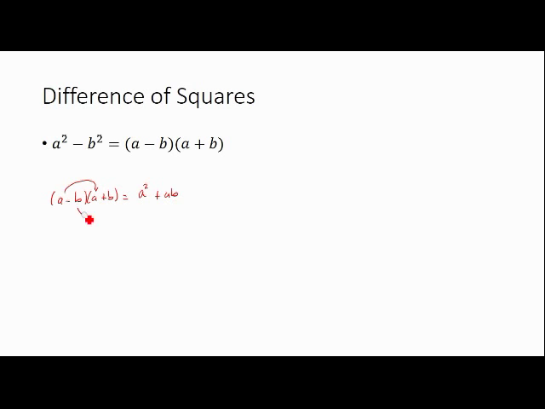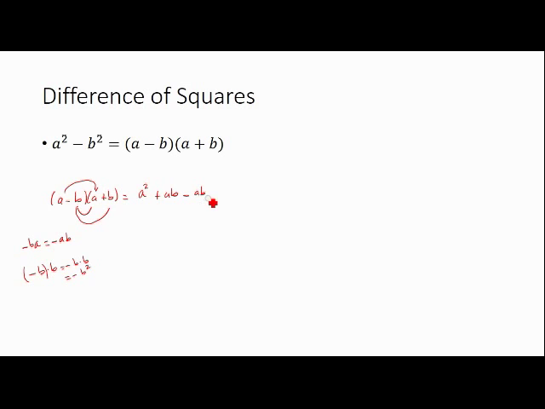Now we're going to multiply negative b times a, but we notice that negative b times a is the same thing as negative ab, because multiplication is commutative, so you can change the order. So we're going to write negative ab, and at the end we get negative b times b. It becomes negative b times b, and that is negative b squared. So you get negative b squared at the end.